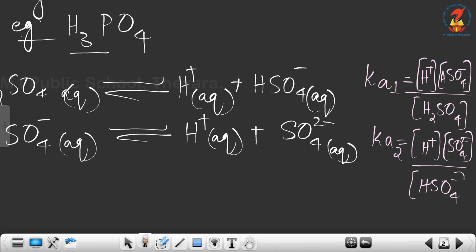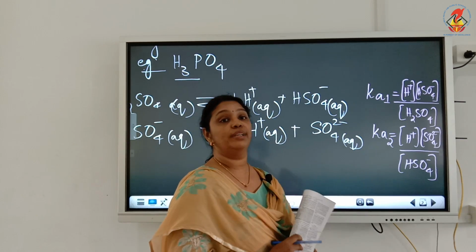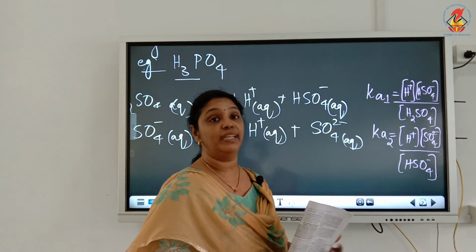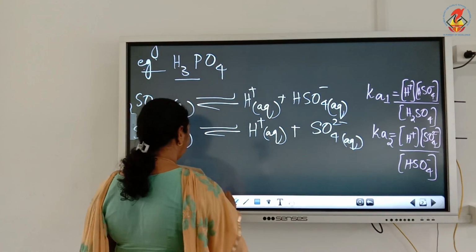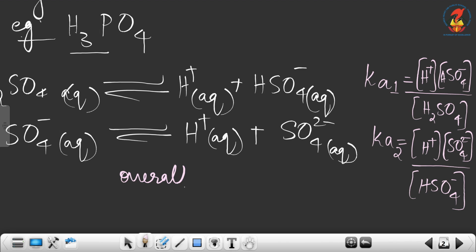of HSO4 minus. Now, we will have a value for Ka1 and Ka2, and also we can say the overall dissociation constant Ka will be the product of the first and second dissociation constant values.